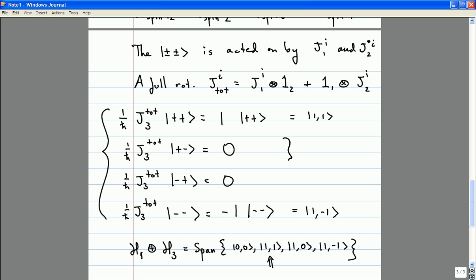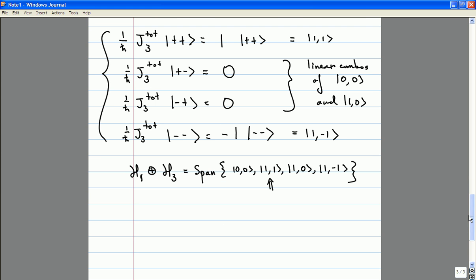And these 2 states, the plus minus and minus plus states, must be some linear combination of the states 0, 0 and 1, 0. And so the question we then have to answer is which linear combination is which.